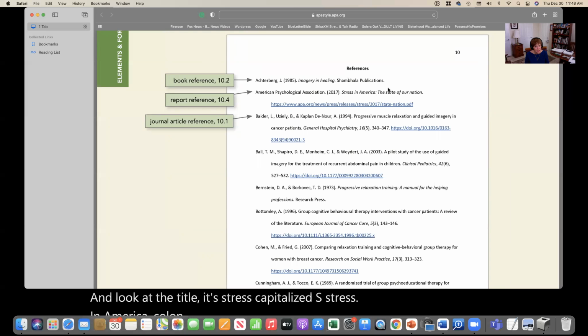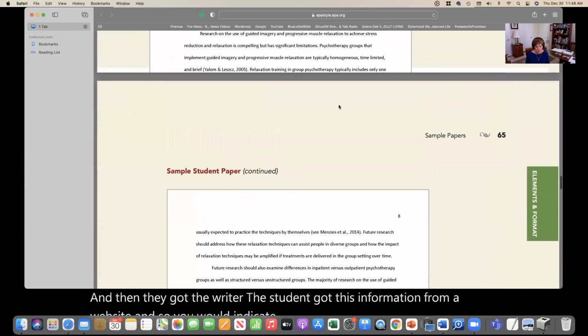Oh, look at this. So the first letter of the next word is capitalized, but the rest of the title is lowercase. And then the student got this information from a website, and so you would indicate that as well.